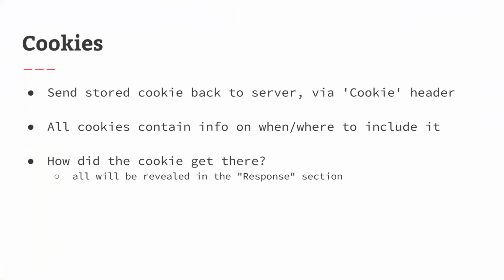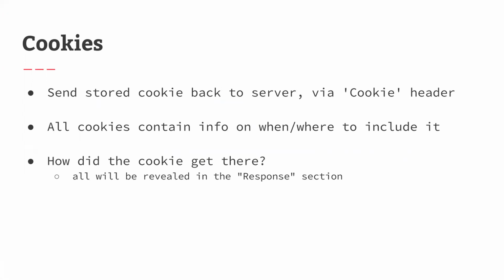And the headers include cookies. I'm going to talk more about cookies when we talk about the response, but in the request, you are going to look and see whether any cookie belongs with this request. And whether or not a cookie belongs with the request depends on the server and the path, the server and the resource.